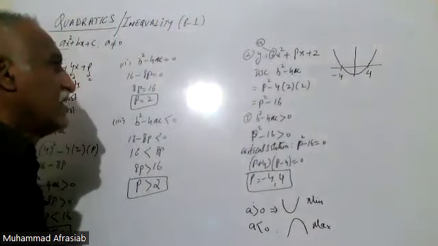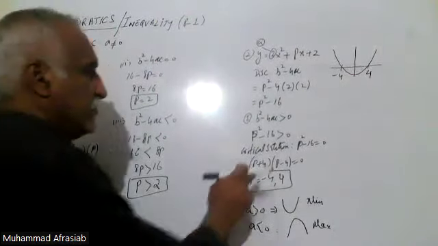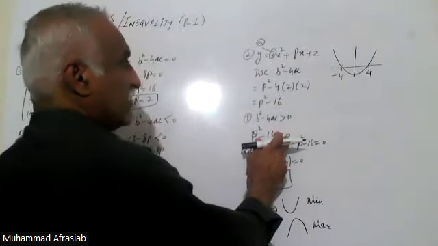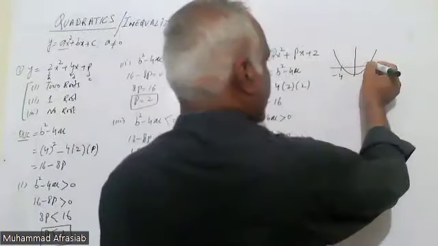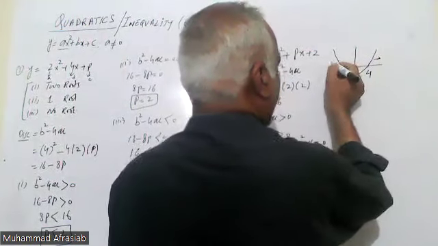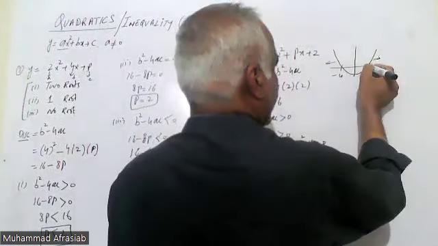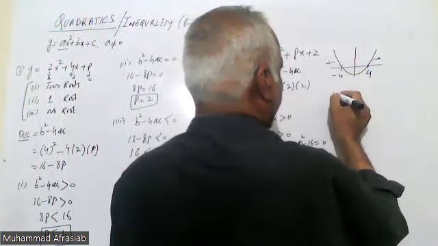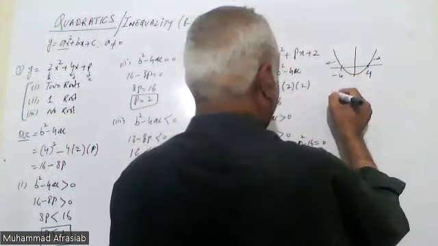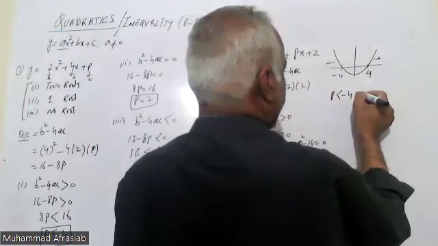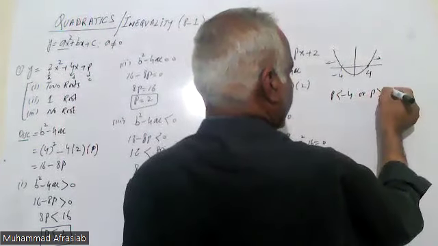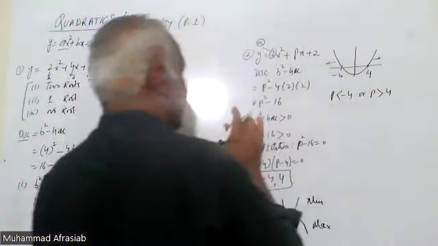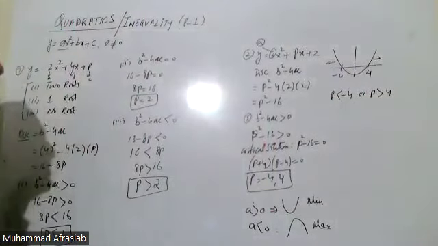Now we are going to look at the graph where we need greater than 0. That means positive. So positive is after 4 and before minus 4. So we can write the answer for this portion as p is less than minus 4 or p is greater than 4, for the first part when it has two roots in that equation.